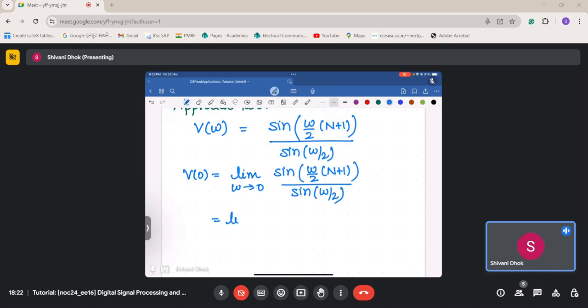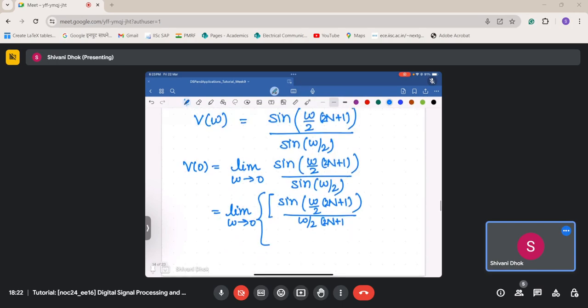So I can write this as limit omega tends to 0 sine of omega by 2 into 2n plus 1 upon omega by 2 into 2n plus 1, into omega by 2 into 2n plus 1, divided by sine of omega by 2, and I can multiply and divide by omega by 2 here.